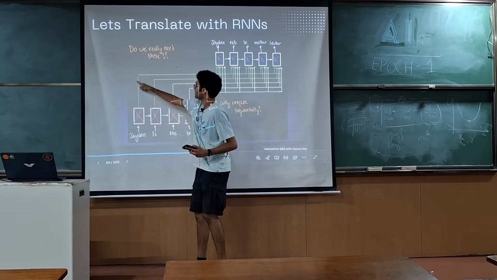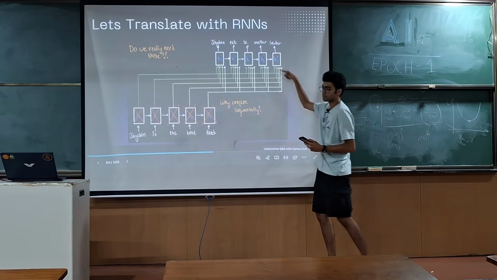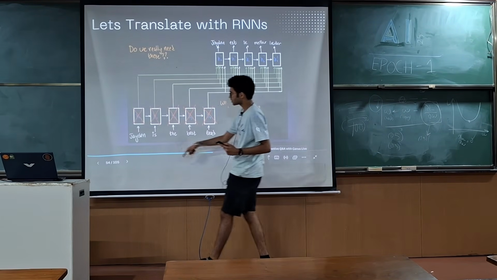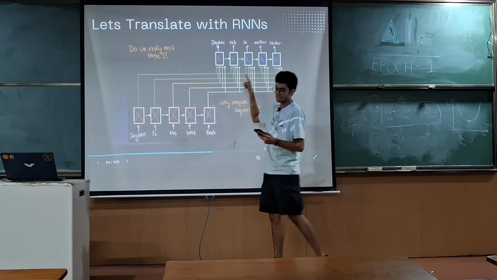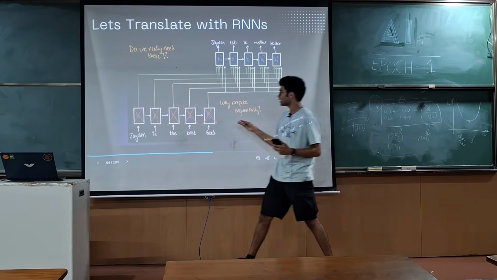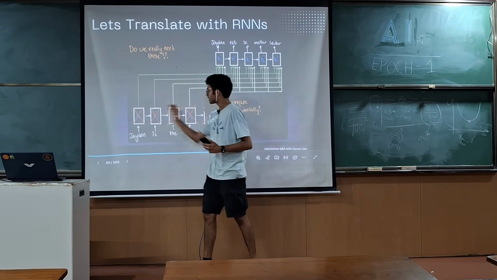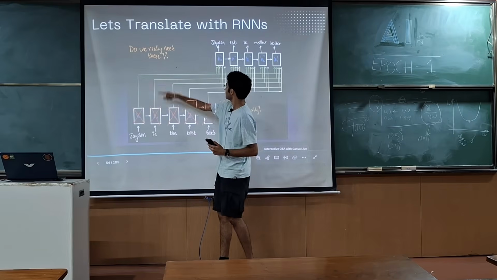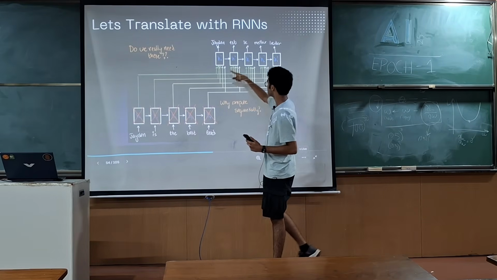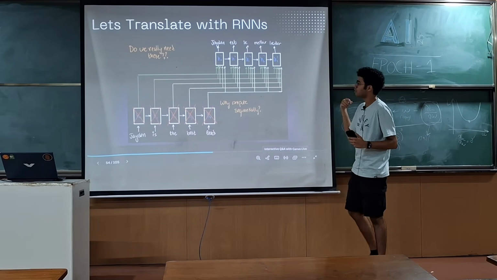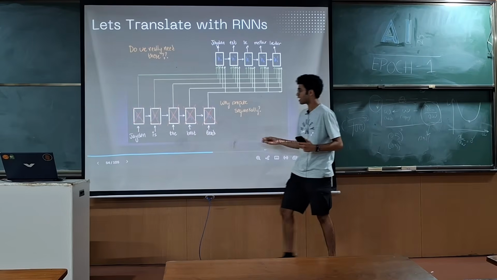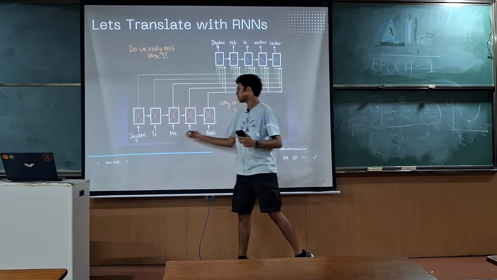Because each word is now connected to every output word, and each word knows how much importance it has to the output word. I don't really need to encode anything, because with these weights, I am telling the output RNN how much importance it has to give to each word.